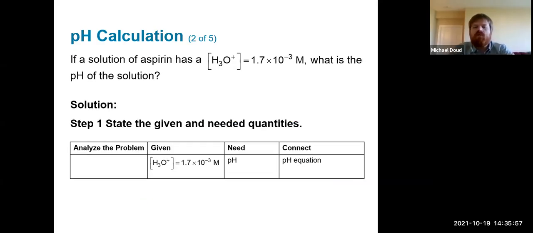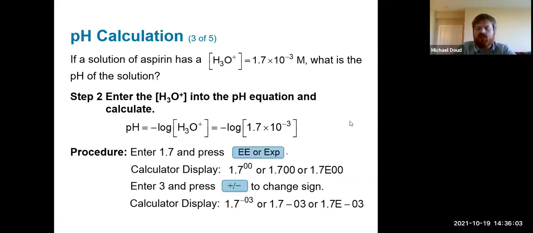Okay, so if we know the hydronium ion concentration, then calculating the pH is a relatively simple calculation. We know that the pH is the negative log of the hydronium ion concentration. So we just need to take the negative log of, in this case, 1.7 times 10 to the negative 3rd.